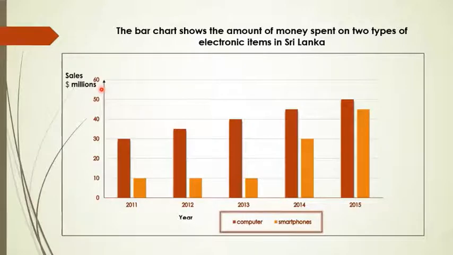Then the horizontal axis represents the years: 2011, 2012, 2013, 2014, and 2015. Now you have some idea about this graph, but our job is to write a description. Don't worry, now we can try.